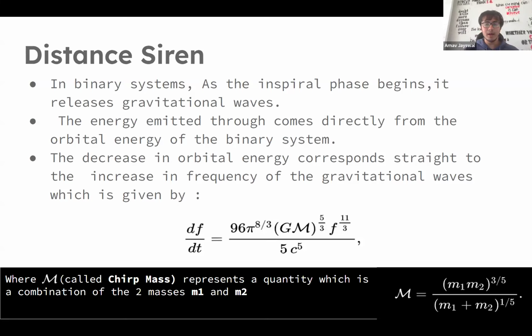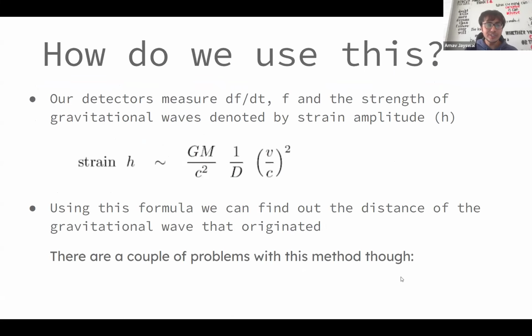So basically, our detectors, which will measure the gravitational waves, will measure the following things. They will measure the df by dt, they will measure the frequency, and they will also measure one more thing, which is the strain h, which is the strain amplitude. The strain amplitude is the strength of the gravitational wave.